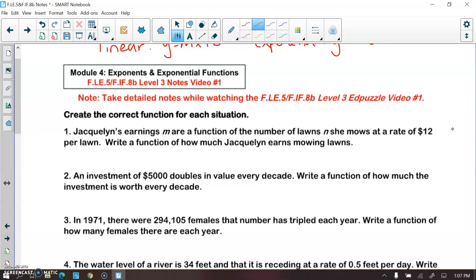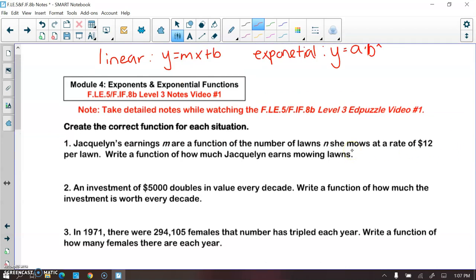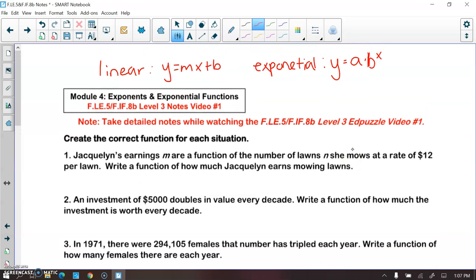If she mows three lawns, she will earn $36. So we are adding $12 to her amount after she mows her next lawn. Since we're adding the same number every time, this is linear.